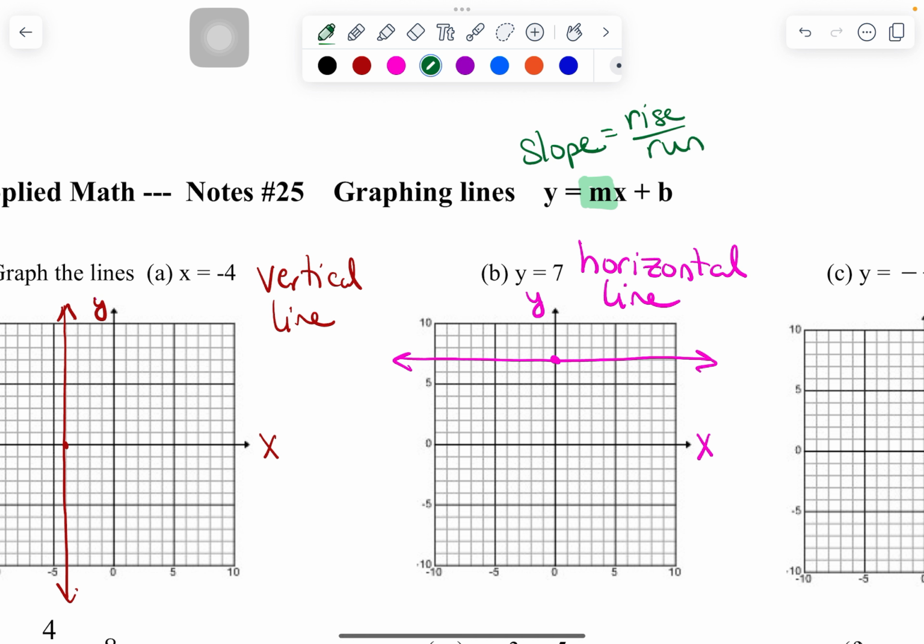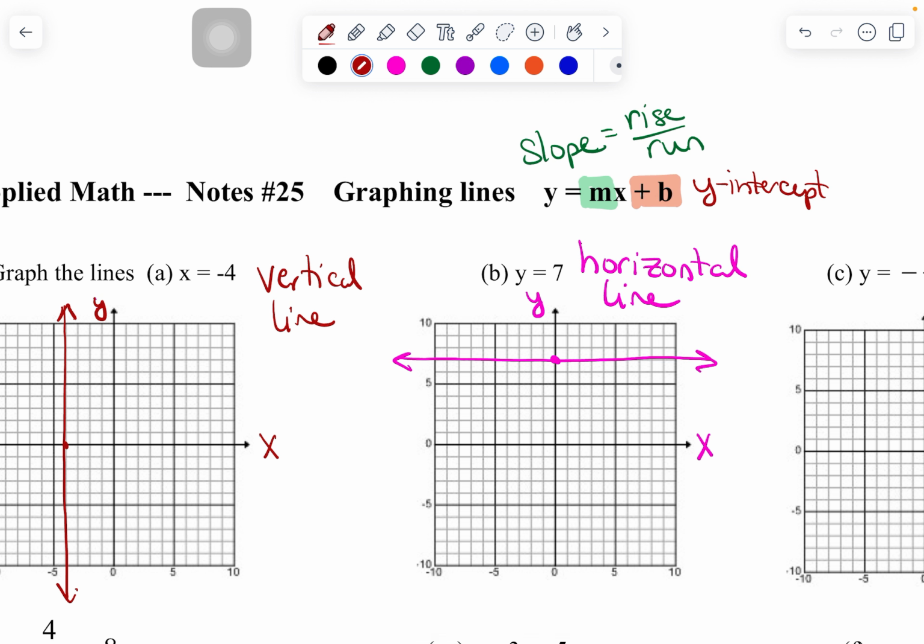So this is going to give us directions. It's going to tell us how to move. What's going to tell you how to start is your b value. So y equals mx plus b, and that is your y-intercept. It is where you cross the y-axis.